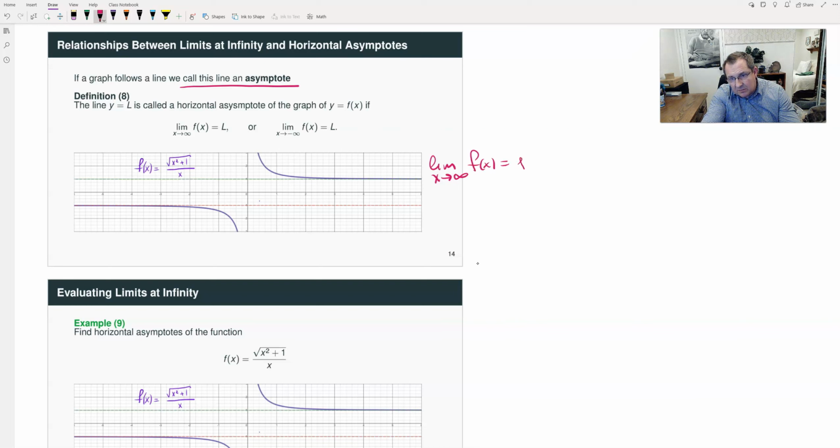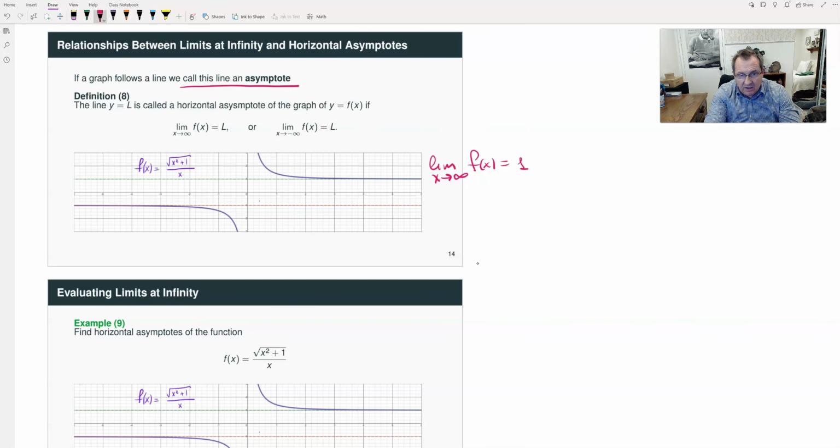And that also indicates that the graph will stay along that value. And when the graph stays along that value, it follows a horizontal line. So that line should be an asymptote. So if we have a limit at infinity, we also have a horizontal asymptote.